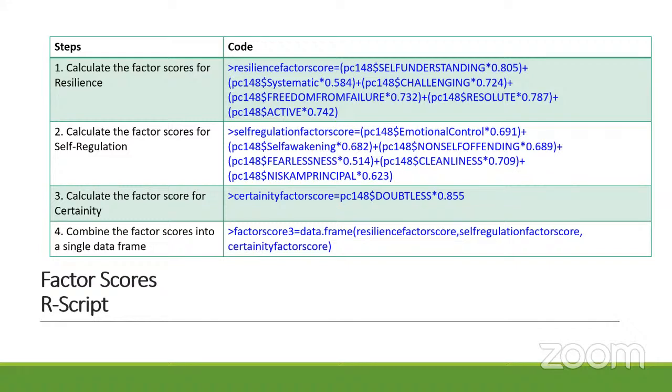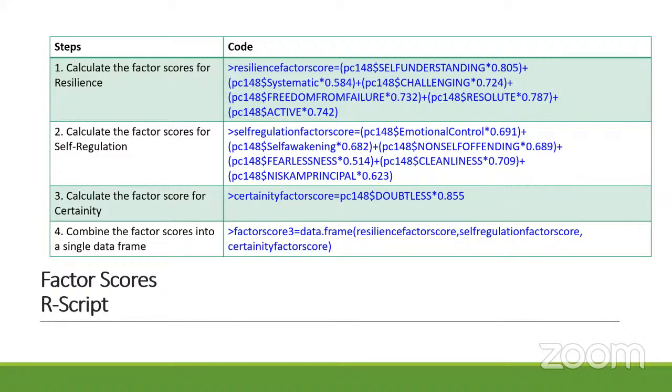For example, here you can find the first factor, resilience factor score. Self-understanding is the original variable multiplied by its weightage, 0.80.